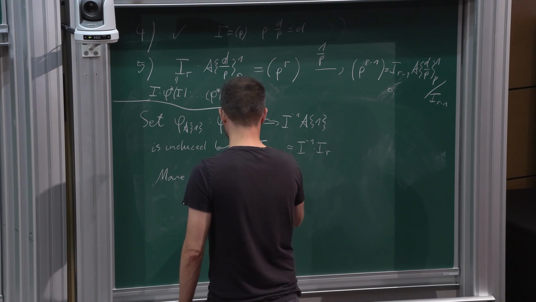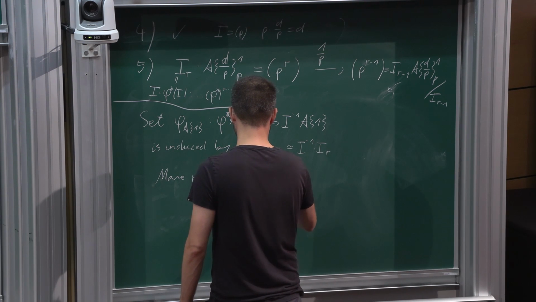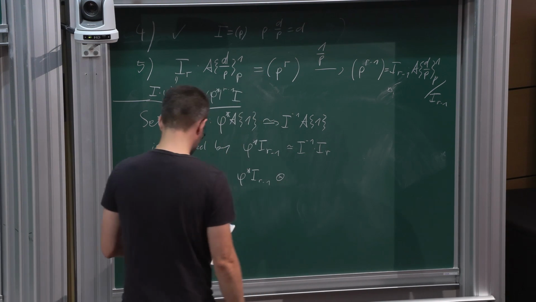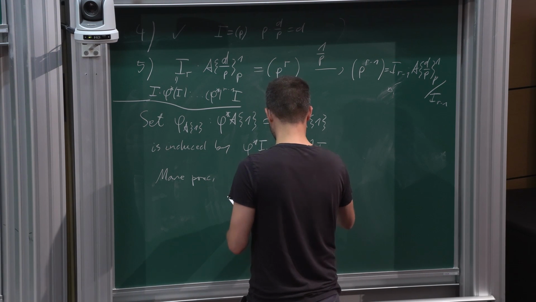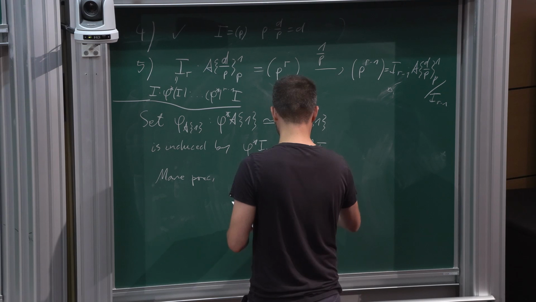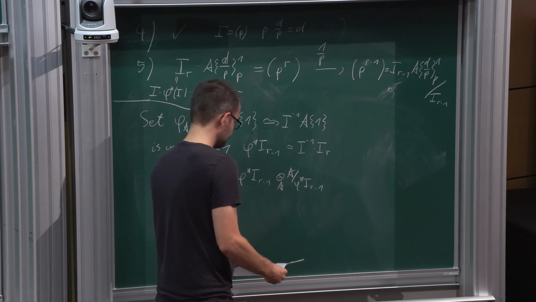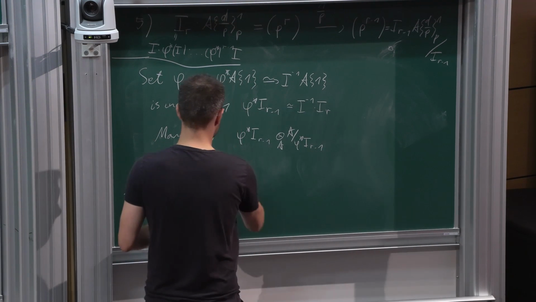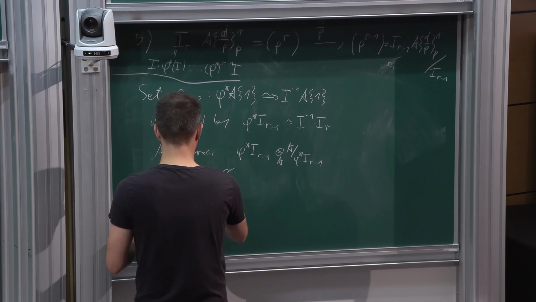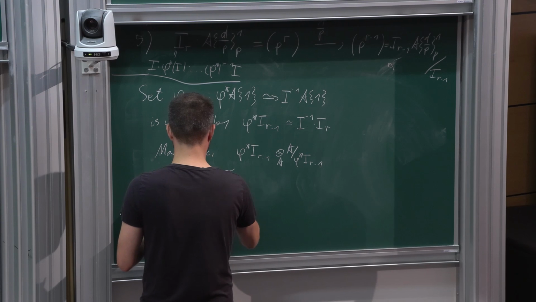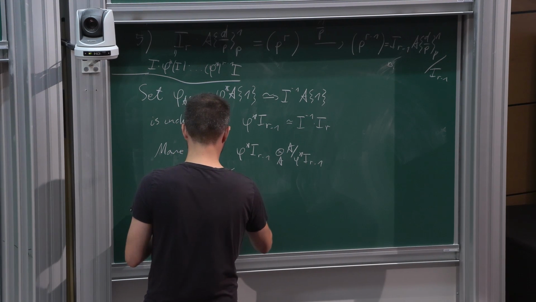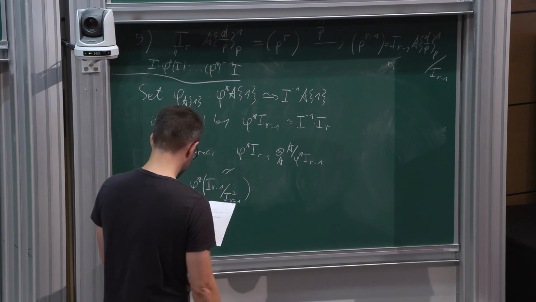And so more precisely, one uses the following. So we have I_(r-1). We tensor this over A with A modulo phi star of I_(r-1). And so this guy here is isomorphic to phi upper star of I_(r-1) modulo I_(r-1) squared.